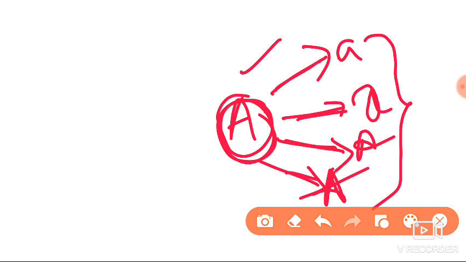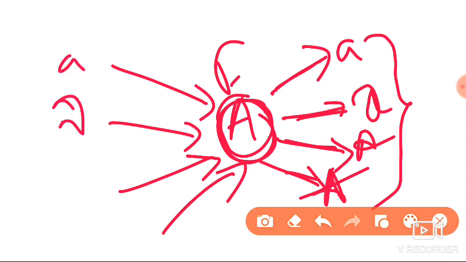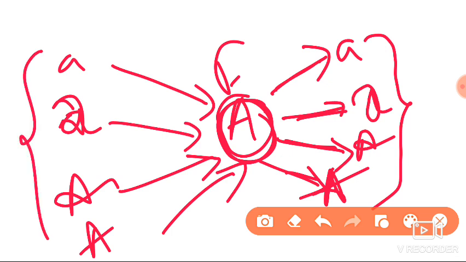But if you take convergent evolution, I will draw the arrow marks like this. They are all pointing towards a particular point, that is the function. You can take the same species examples here, A and A. These organisms have different structures.